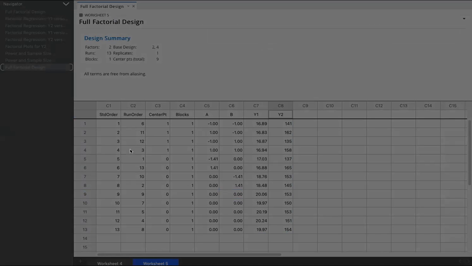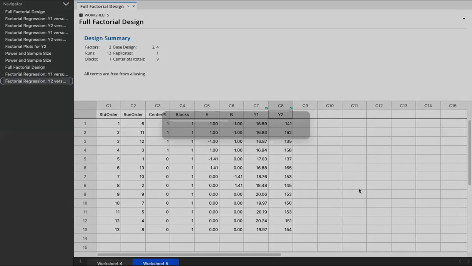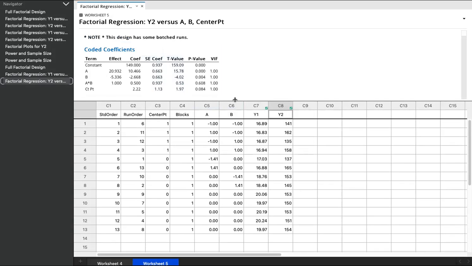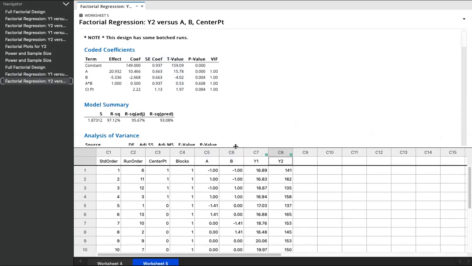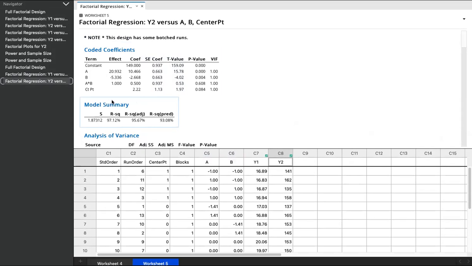We are going to select both responses. Terms, well, because it is the first time, we're only going to select normal and half normal. Okay. Now, let's begin with the first response.